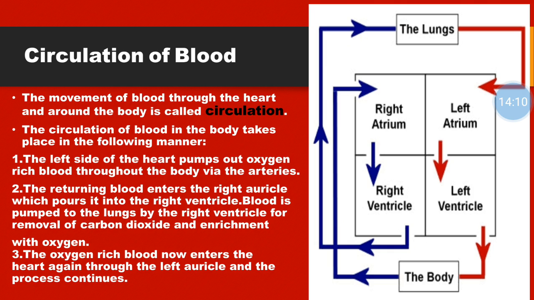I already told you that the heart is divided lengthwise into two parts, and these two parts help in the pumping system. So we have the right side and the left side. The left side of the heart pumps out the oxygen rich blood throughout the body through the arteries.